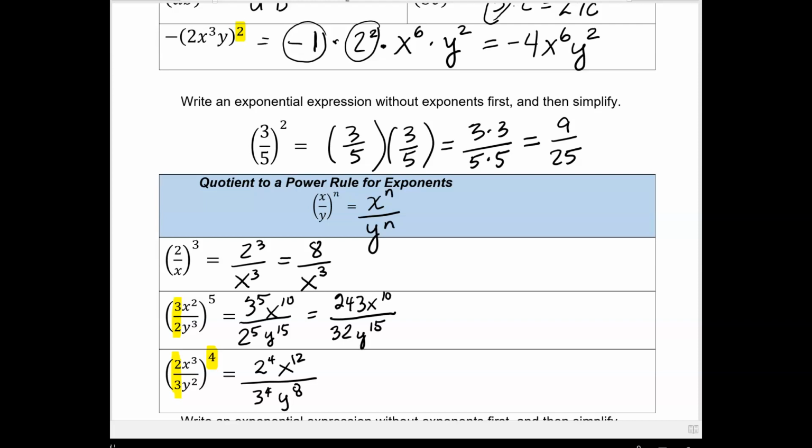Next, let's clean this up a little bit. Go to your calculator. 2 to the 4. We have 16 x to the 12th over 81 y to the 8th.